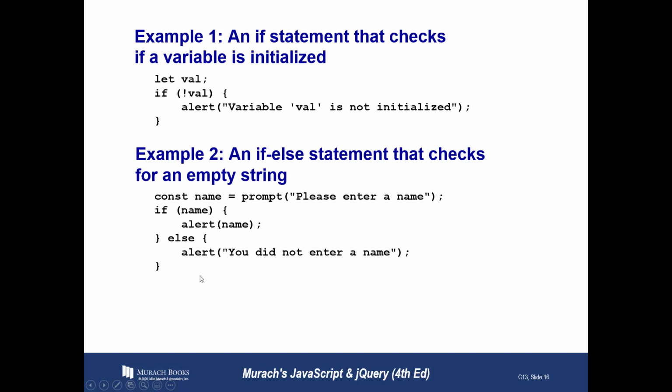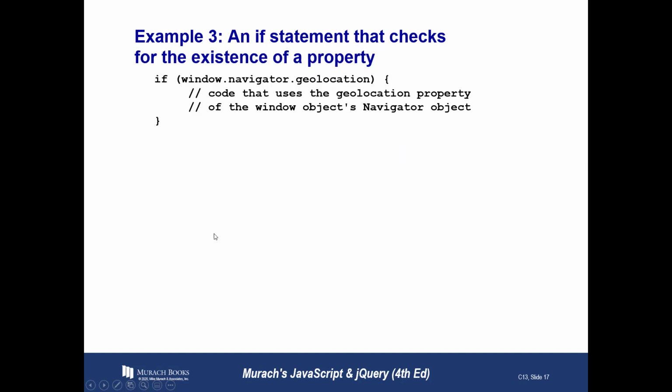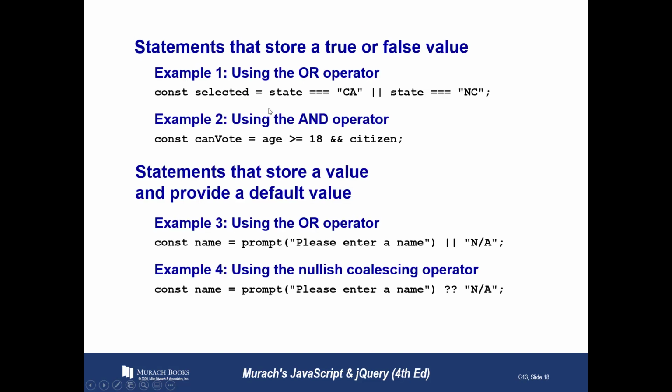All right. So you'll look right here, and this will actually say that this variable is not initialized. You can check for empty strings. You can check for the existence of something like a property. All right, statements that store a true or false value. Well, look, selected if state is equal to this or state is equal to that. You'd never use an and there because it can't be 2 states at once.